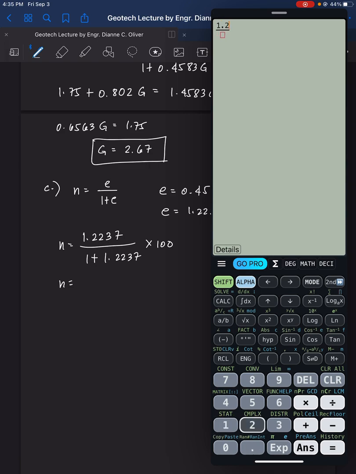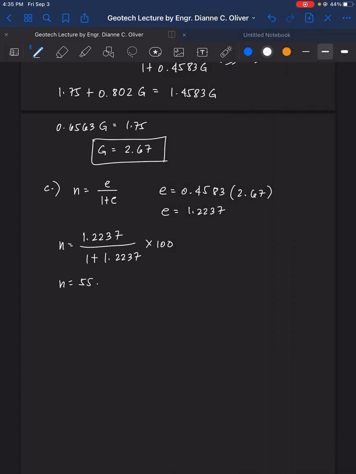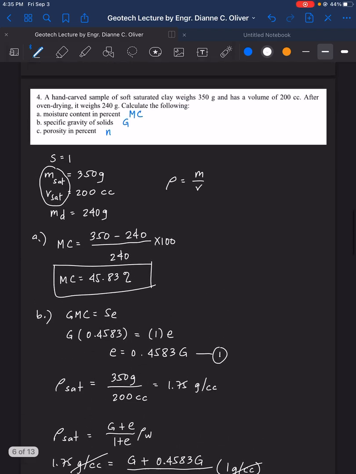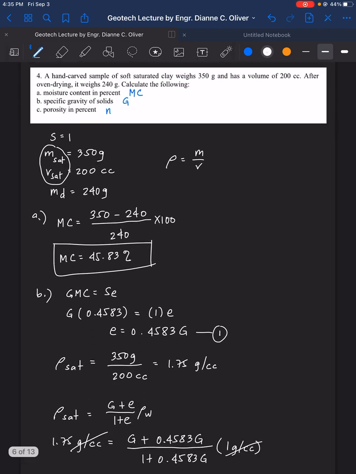So 1.2237 all over 2.2237 times 100. So 55.03%. So that's the value of porosity. So that's for number 4.